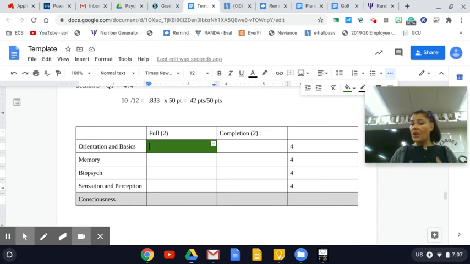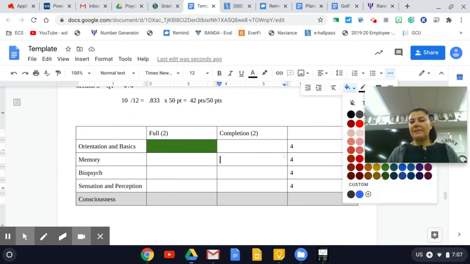I don't even know when you're going to get your 2 full graded. It depends if your number pops up on the randomizer. So Sally may find out that next unit, when I do my randomizer, that she was completion graded. All right. And so Sally may have a completion grade next time.